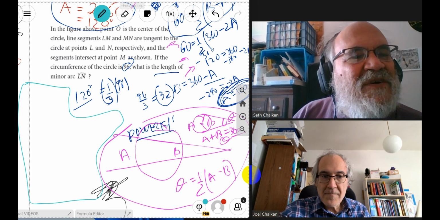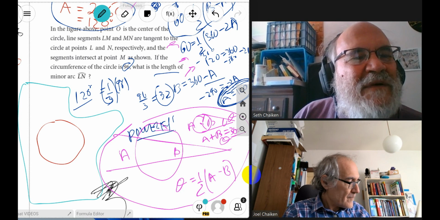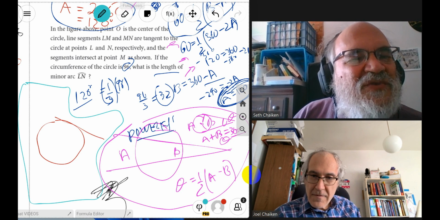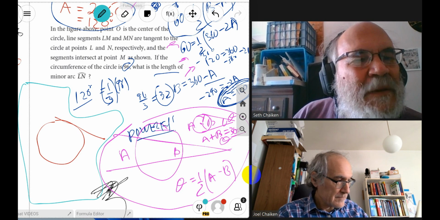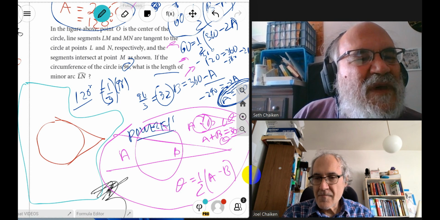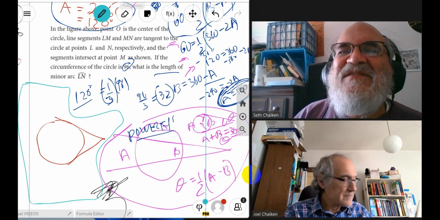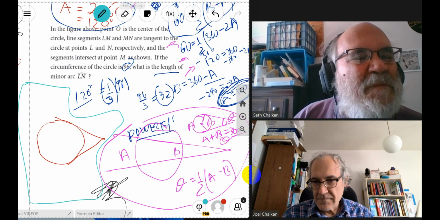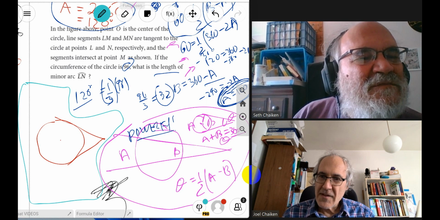We have a circle, and we have two tangents through a common point. Okay. And we draw, and then we have the center of the circle.